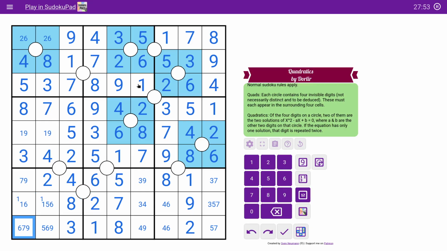Means this is no 7. 3, 4, 4, 9, still ambiguous. 3, 5, 7, still ambiguous. 3, 7, 3, 5, 3, 4, 4, 5, 1.